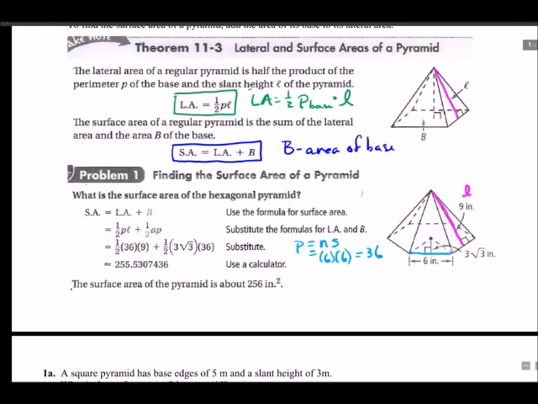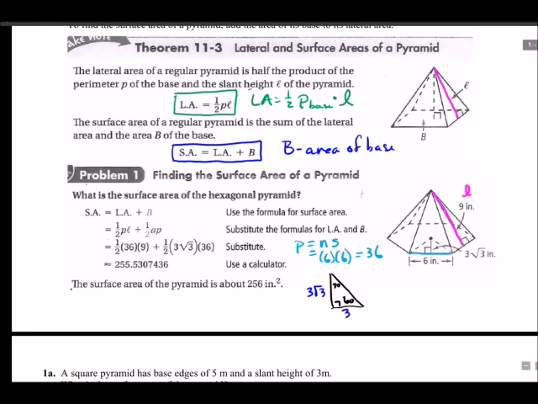How do we do that? We know how to find the area of a regular hexagon. We know that we are going to have a 30, 60, 90 right triangle, which means that this side is 3, our apothem is 3 square root 3, because that is true for every hexagon.